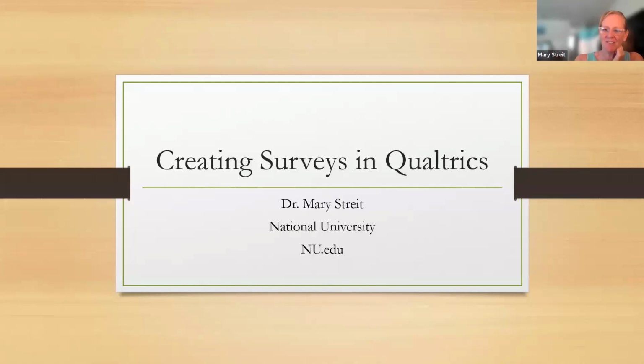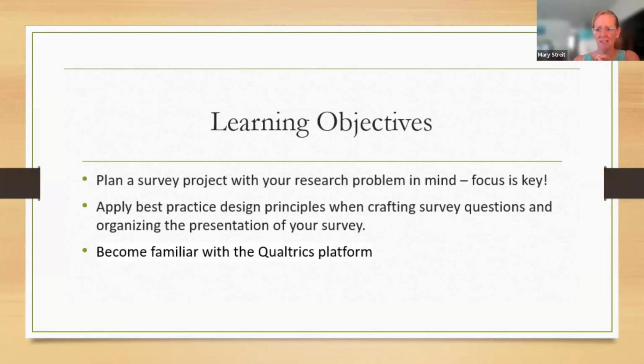Hi, everyone. Thank you so much for taking some time today. So what is Qualtrics? I know that's a weird word that I'm using. Qualtrics is the name of the online survey provider. I'm doing Qualtrics, but you should know there are other ones, like SurveyMonkey. There's a whole bunch of different ones that you can use.